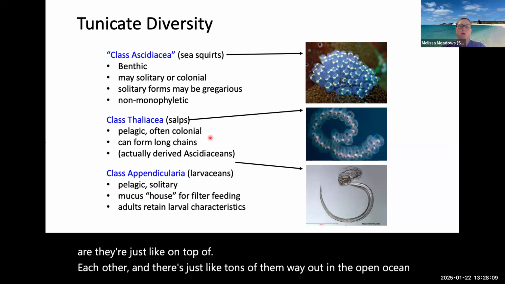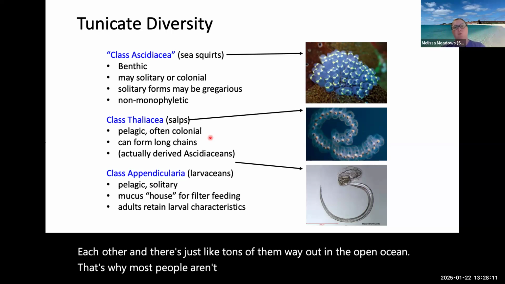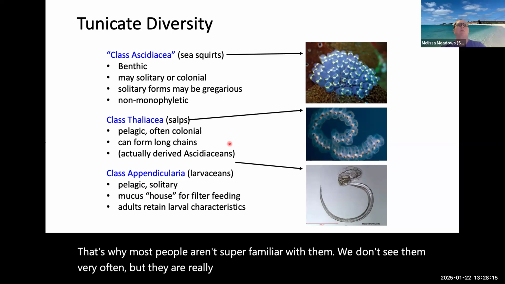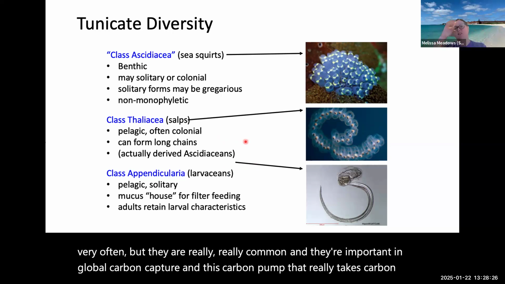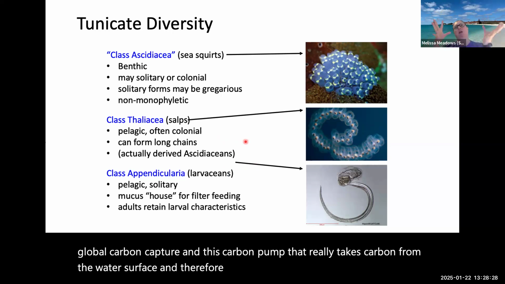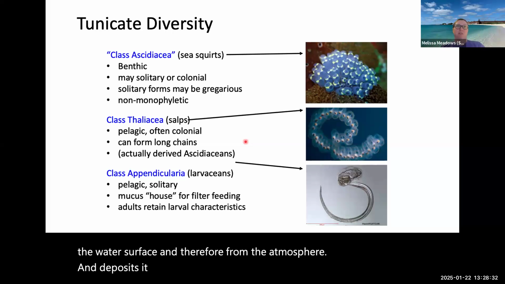That's why most people aren't super familiar with them. We don't see them very often, but they are really, really common. And they're important in global carbon capture and this carbon pump that really takes carbon from the water surface and therefore from the atmosphere and deposits it ultimately in the deep sea.